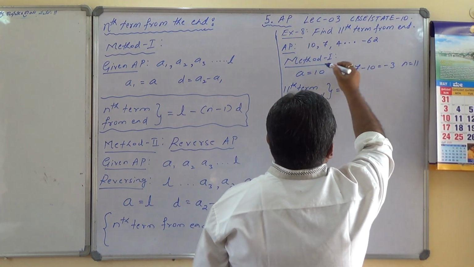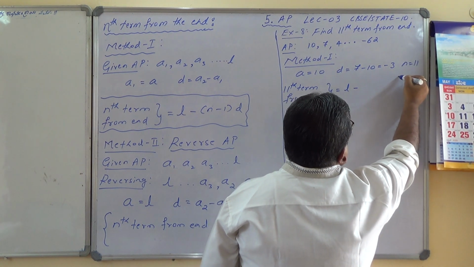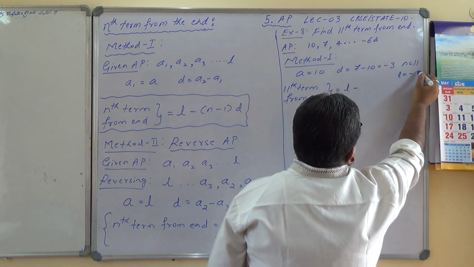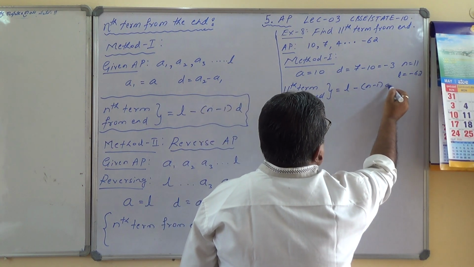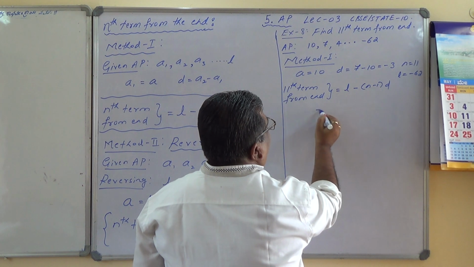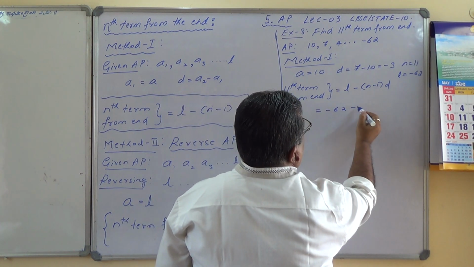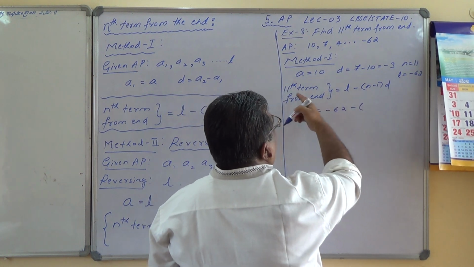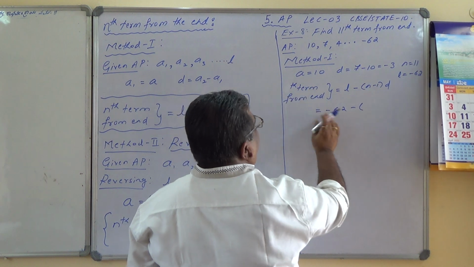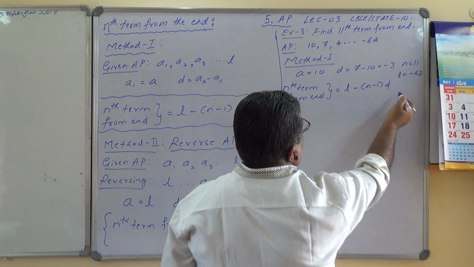A is given, d is given. L equals minus 62. Okay, L minus n minus 1 into d. This is the formula. Which equals, what is L? Minus 62 minus n is 11. Because first I'll write here the nth term from the end is L minus n minus 1 into d.